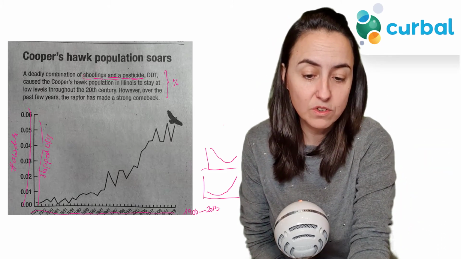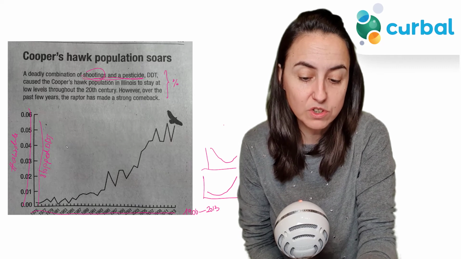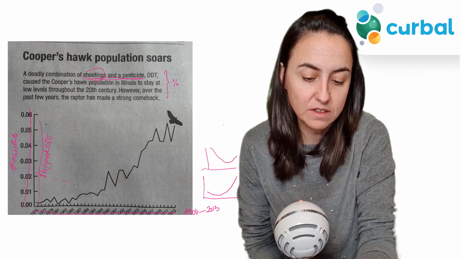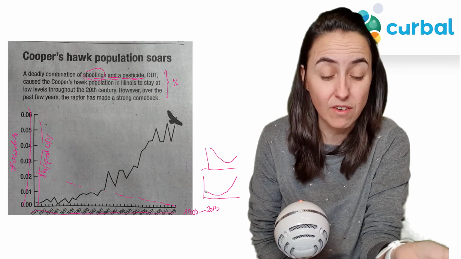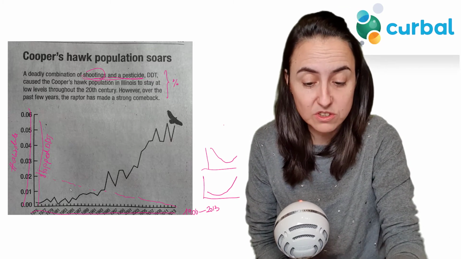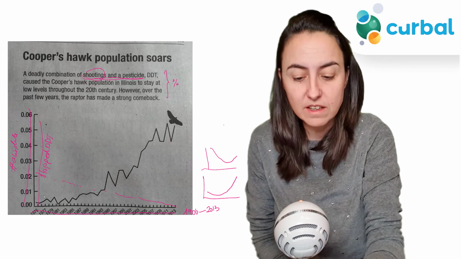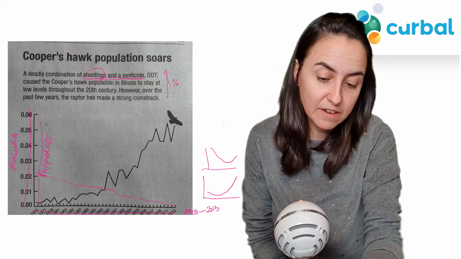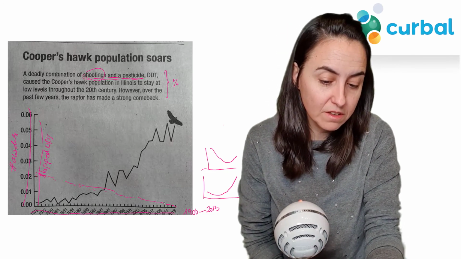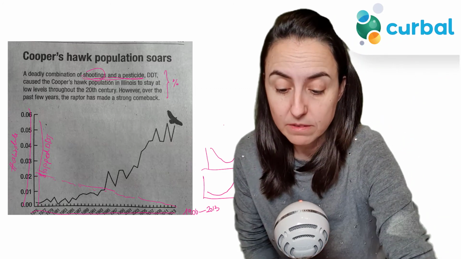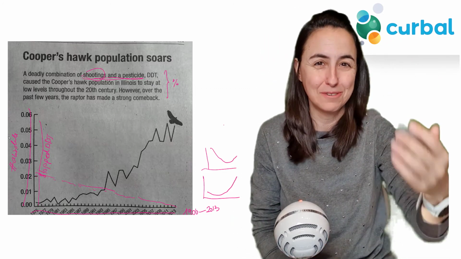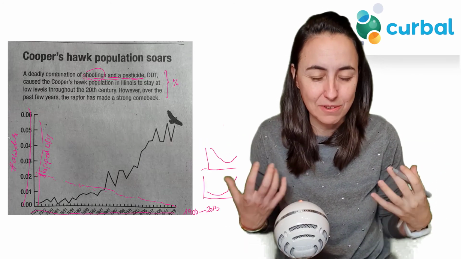And if you're talking about shootings, you could show the number of shootings going like this, in a light gray color. And then you will still have this picture in here, and then you can say, oh, look at this, they stopped the pesticides, the number of shootings decreased, and then you see the hawk population increase, and it increased by 100 birds or 1,000 or whatever it is. And that would have made the story clear.